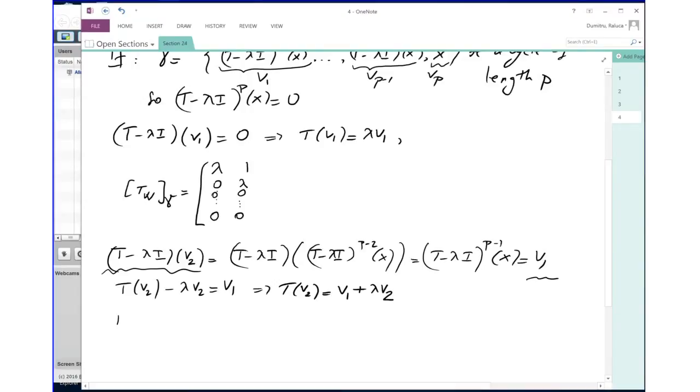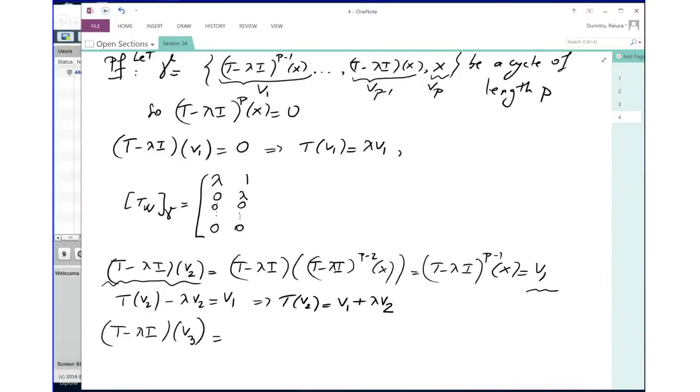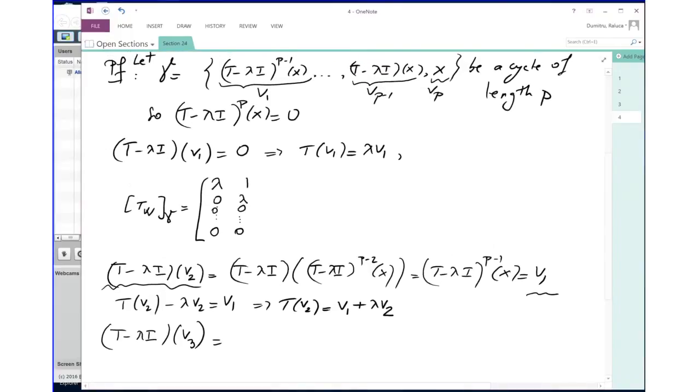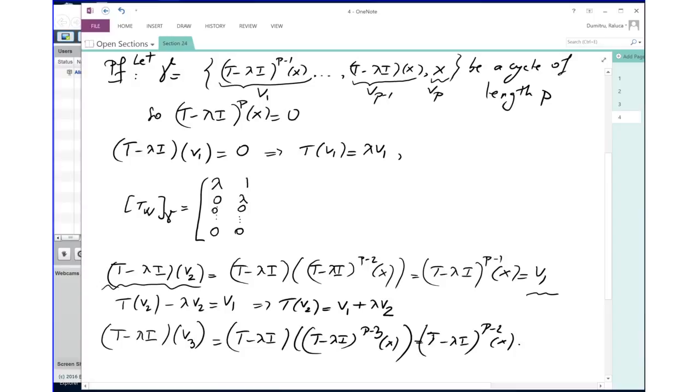Let's do one more. Apply to v3. v3 is the p minus 3 power, right? The next one: T minus lambda identity applied to the p minus 3 of x gives me T minus lambda identity to the p minus 2 of x.